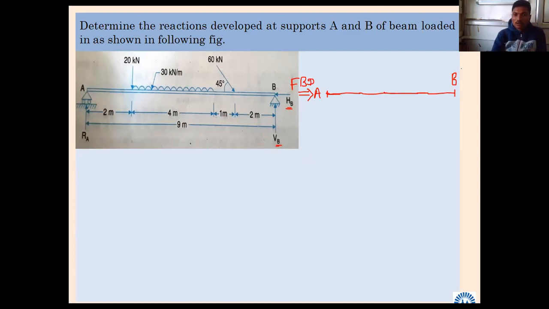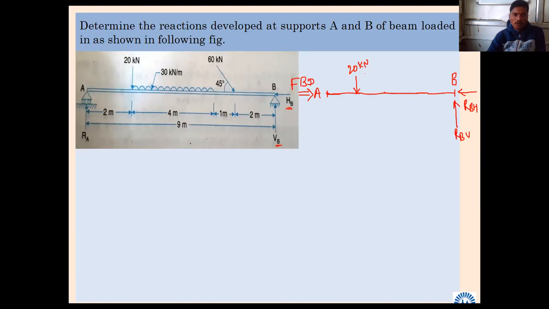So reactions. Let me know the total span of this beam. 9 meter. 20 kilonewton. Okay, 2 plus 6 plus 1 is 9, and 9 meter is given also.